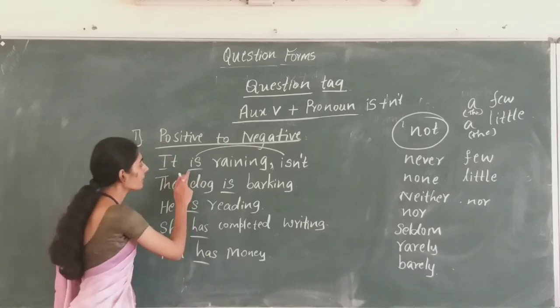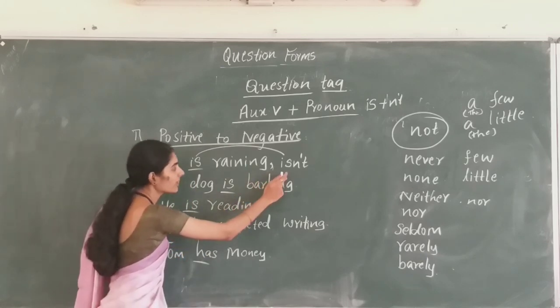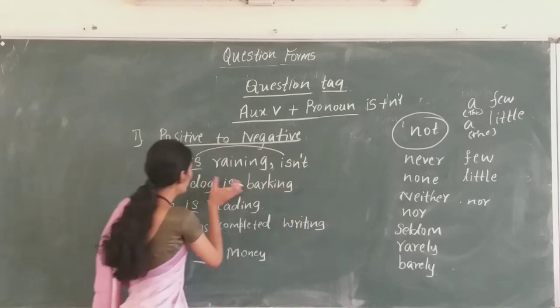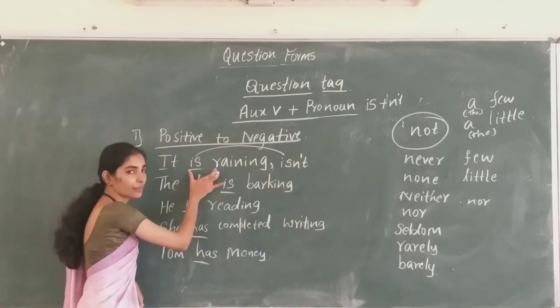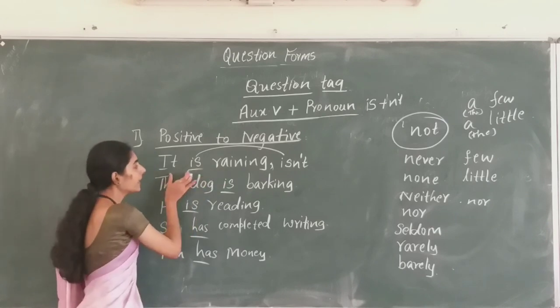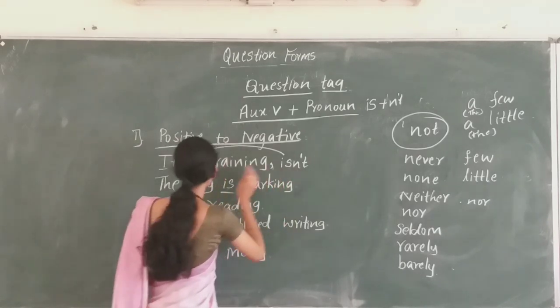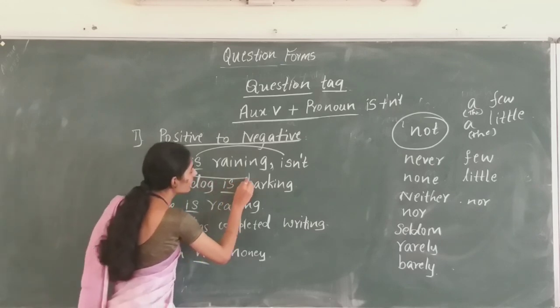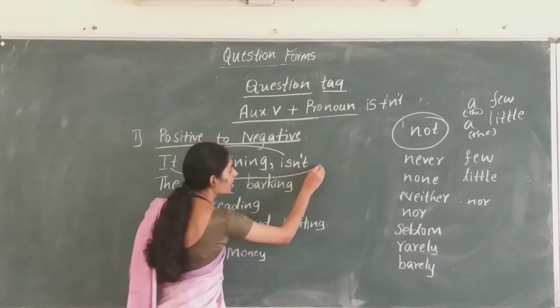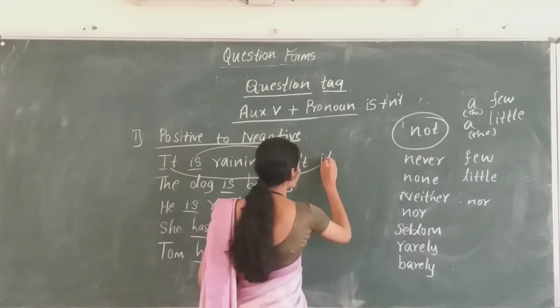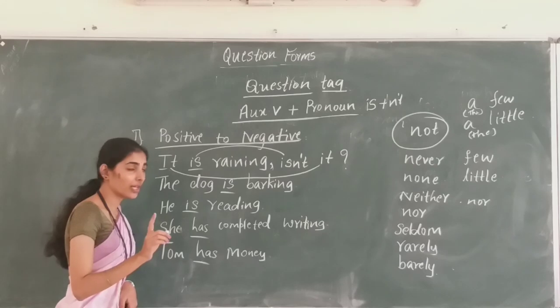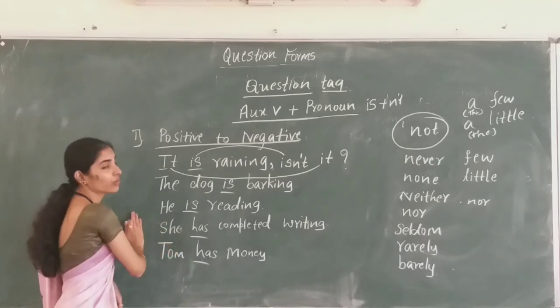Put is here and add n't when the statement is positive. It is raining, isn't. And then you take the subject, which is a pronoun here: isn't it? Question mark.